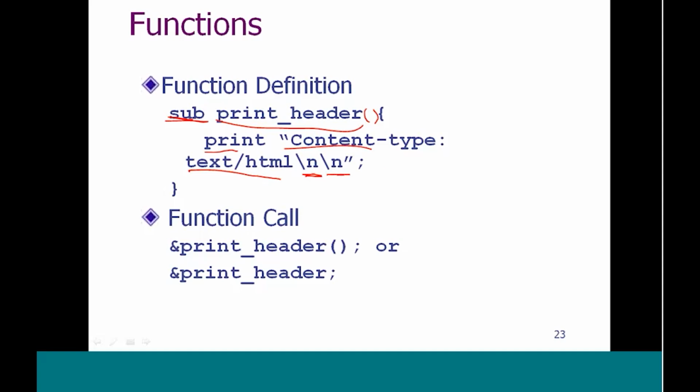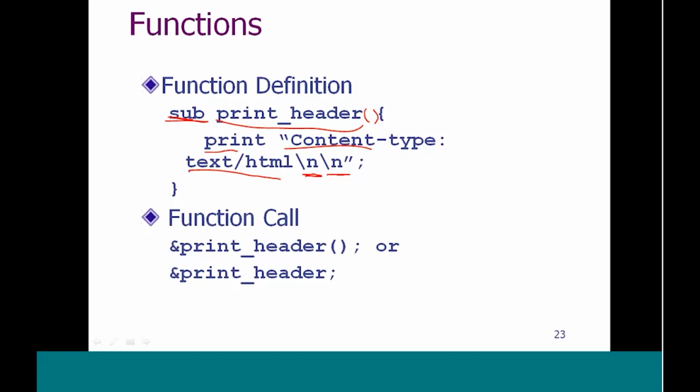So essentially this may be printing header information on an HTML page. If you want to print something out, then this particular subroutine prints that, and then prepares for the subsequent content to be printed out.